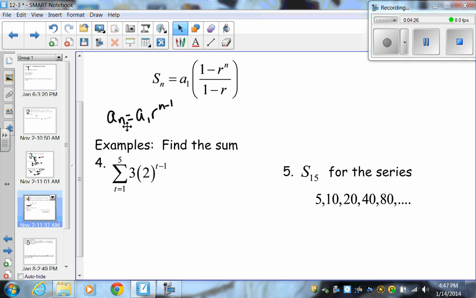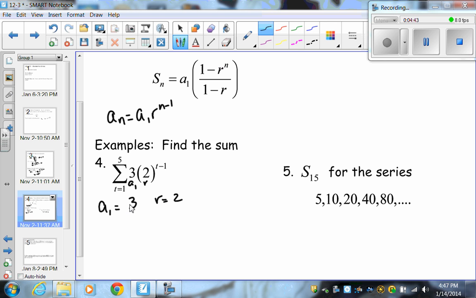If you remember that your rule is just a sub 1 times r to the n minus 1, or t minus 1, whatever letter they're using, you can see that you already know your first term, which is 3. You already know r, which is 2. The only thing you need in order to find the sum is how many terms there are. Between 1 and 5, you have your first term, second, third, fourth, fifth, that makes a total of 5.